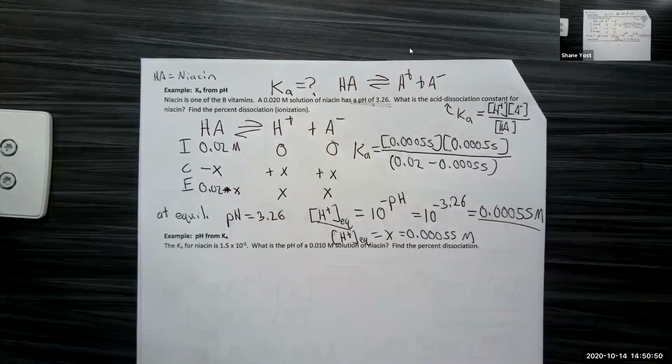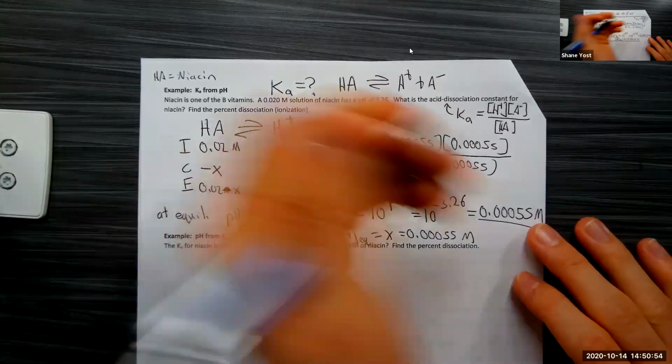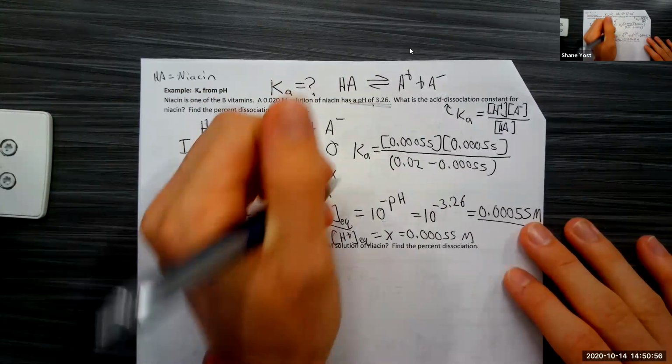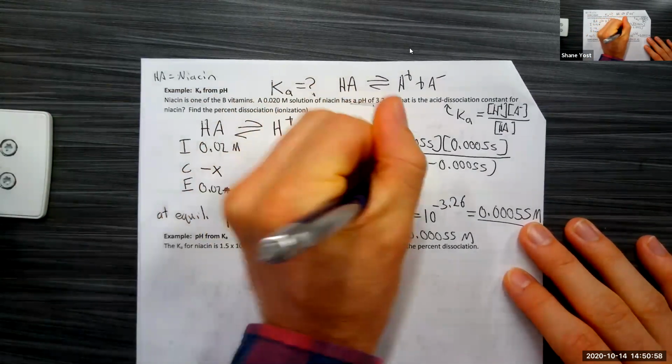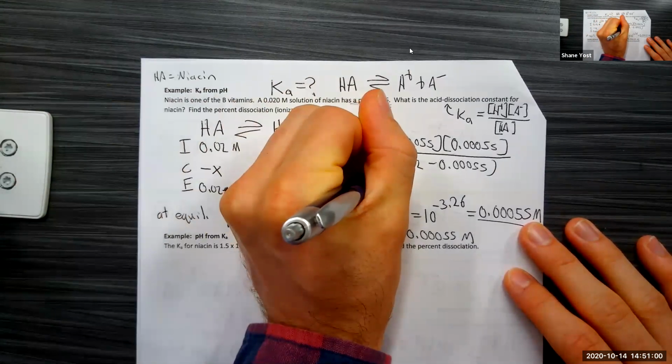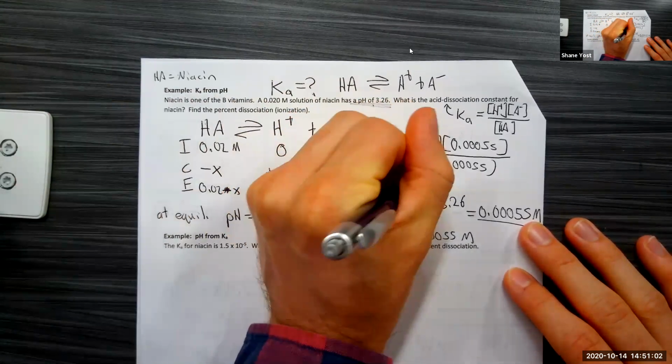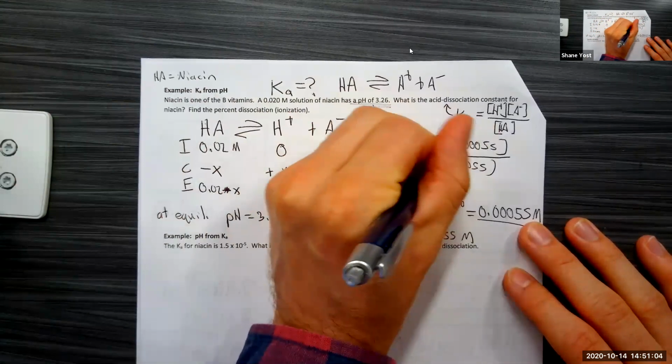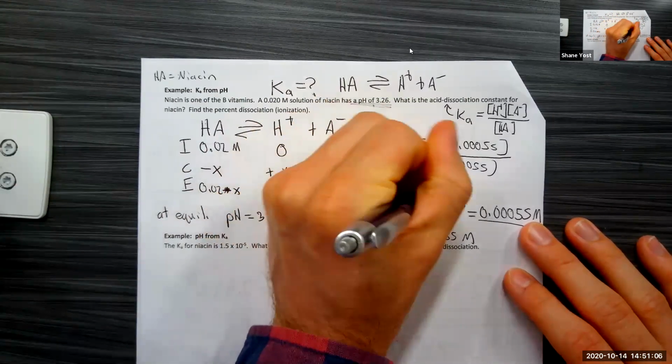Plug those in, and you get that your Ka equals 1.55 times 10 to the minus 7. So just plug it in here.